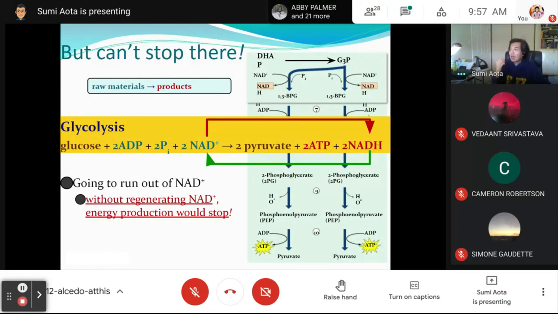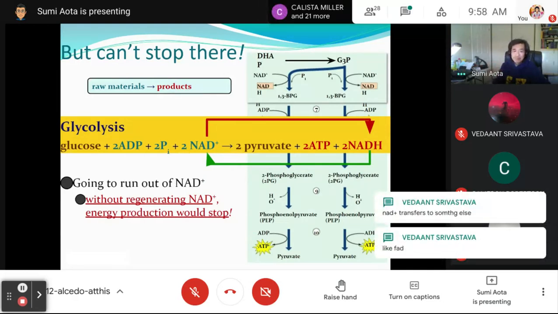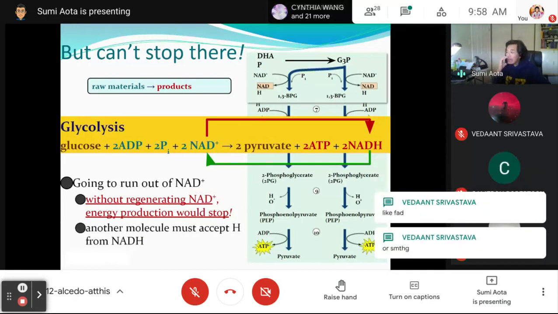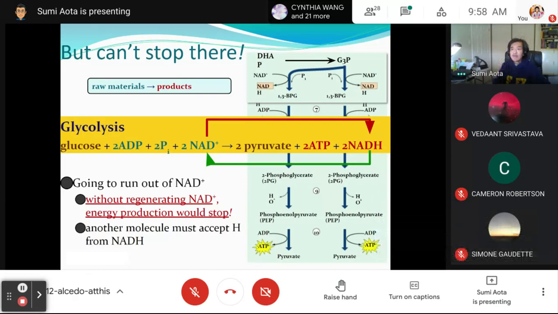So question, how does a prokaryote that only has glycolysis make more NAD plus? You have to transfer the hydrogen from NADH to something else.